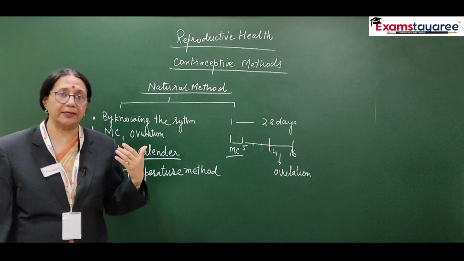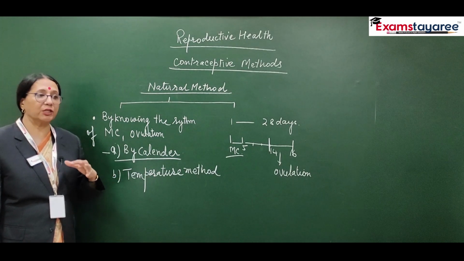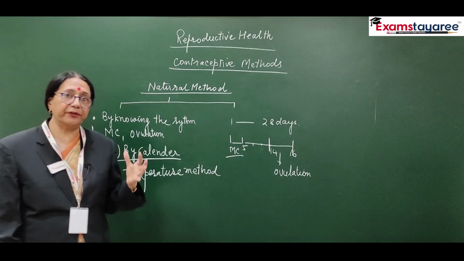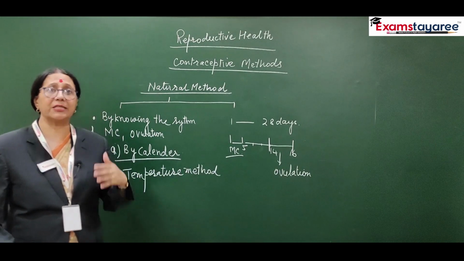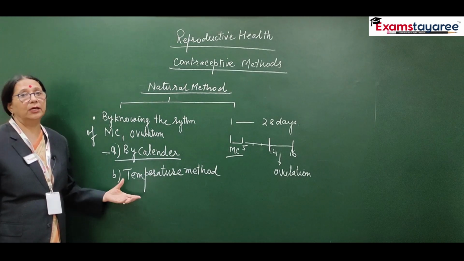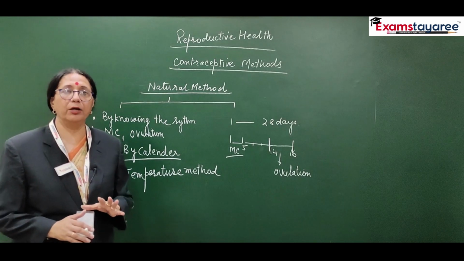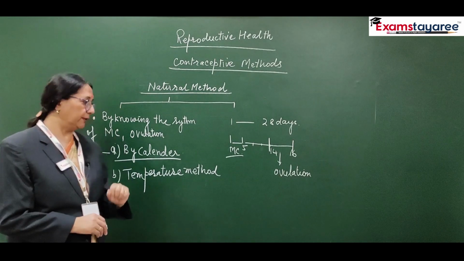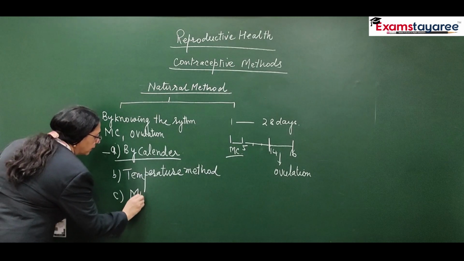If the female is under stress, if there is any anxiety, if she is not very comfortable wherever she is living, or she is angry, then also the temperature will go up and down, and it cannot be a foolproof method. The third method is mucus method.